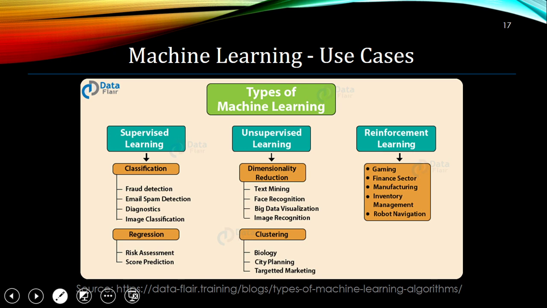And another variety, regression, is helpful in predicting risk assessment, how much risk is likely, and so on. Unsupervised learning is also applicable in many areas. One such application is business data analytics, where you group together certain sales data and improve marketing.